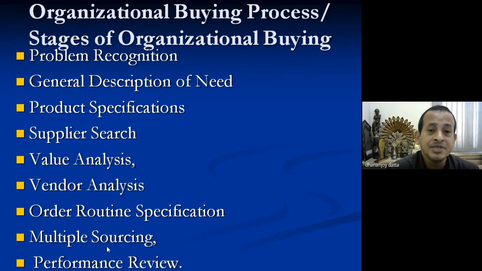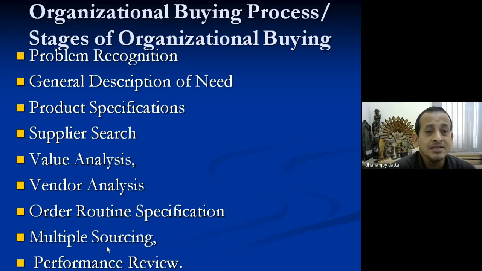If it is feasible, then the general description of the need is decided, like how much quantity needs to be bought and what quality. A brief description of the need is identified in this stage.